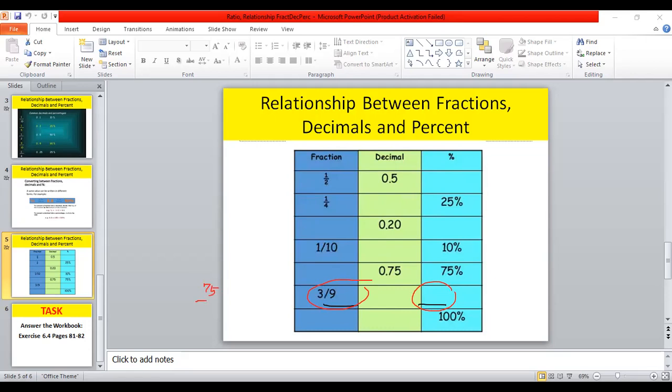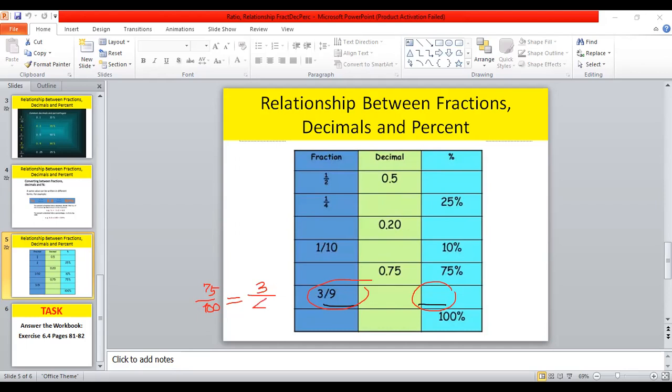All right, 75 over 100. Now, what is that one in lowest term? Pokpong. Fraction in lowest term. 75 over 100. 3/4. All right, that was good. Who was that? Kan. Okay, so that is 3/4.